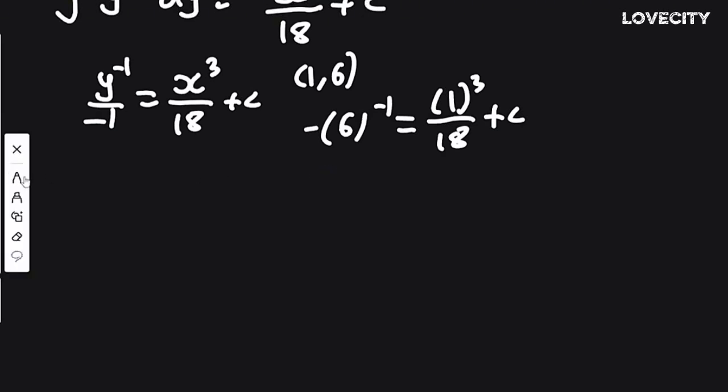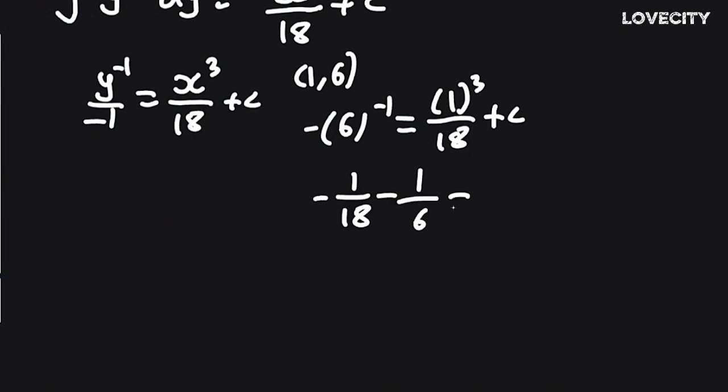Or in other words, we get an 18th, subtract a 6th equals c. So c is going to be negative 4 over 18, and that simplifies to be minus 2 over 9.